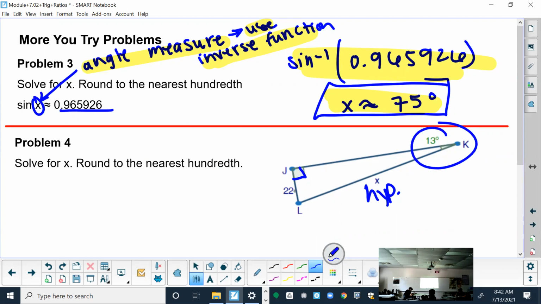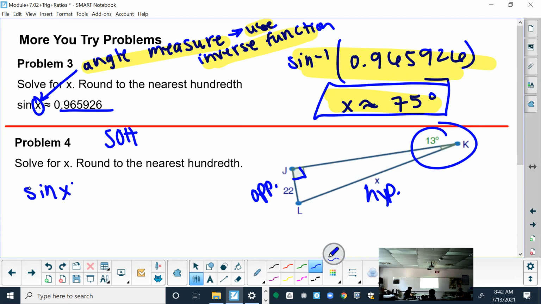This 22, what side does that represent? Is it opposite or adjacent to angle K? Opposite, good. It's looking directly at it. It's not touching it, so that makes it opposite. Opposite and hypotenuse, the only function for that is sine.